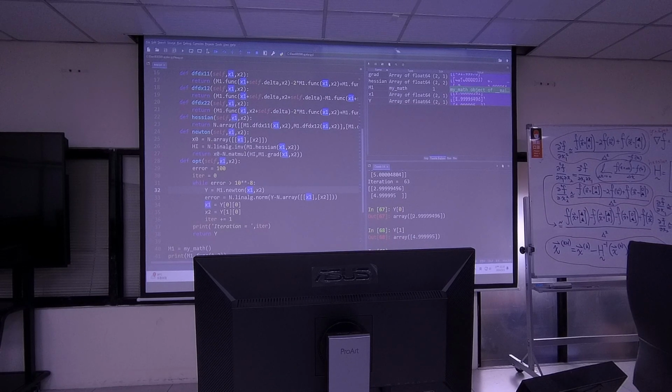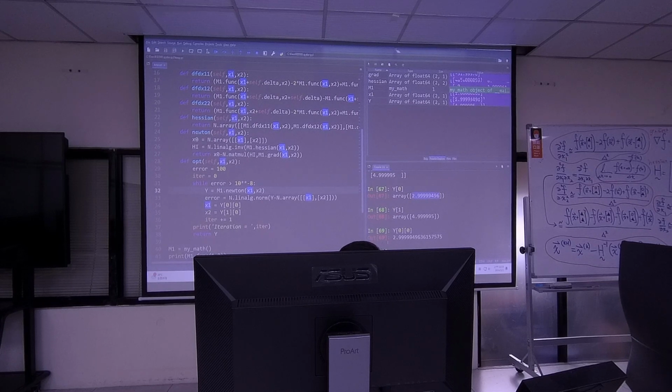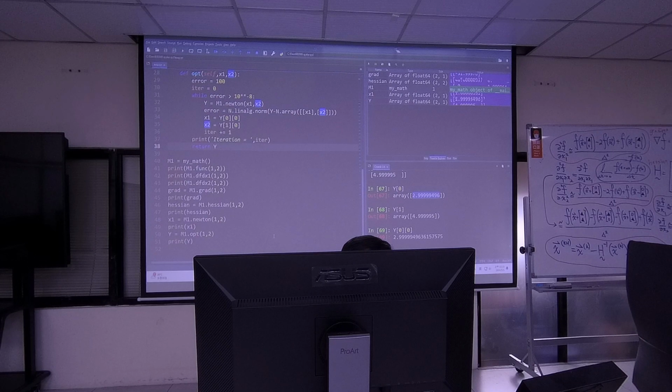If you want to truly take the value out, you need to do this. I just want the value. I don't want the array anymore. So x1, x2, I truly take the value out. Iteration number plus 1. Yeah, that's it.